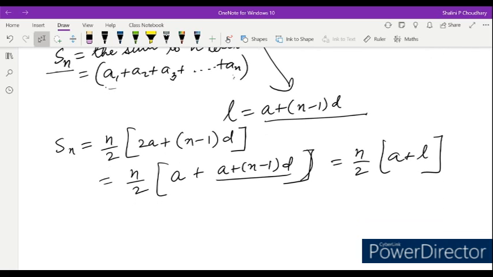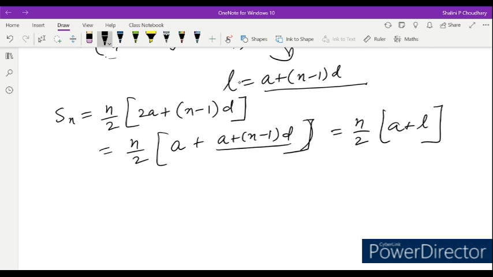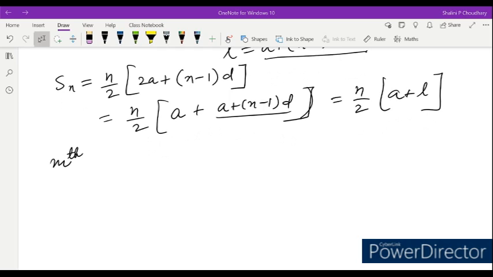Now we'll do one sum. If the mth term is n, we can write that the mth term, tm or am, is equal to n.